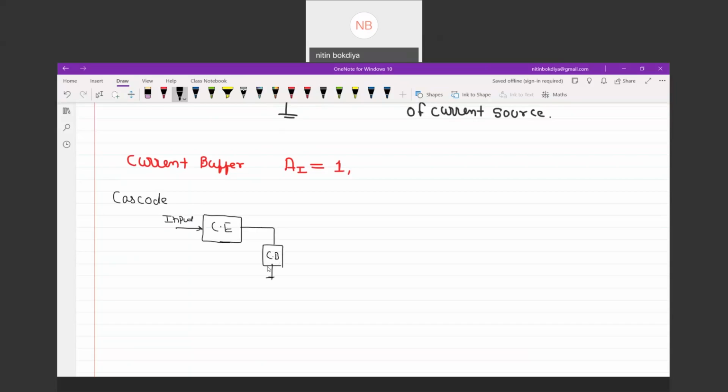This arrangement is known as cascode arrangement. So let's start.